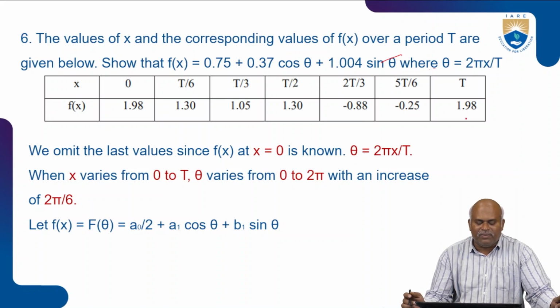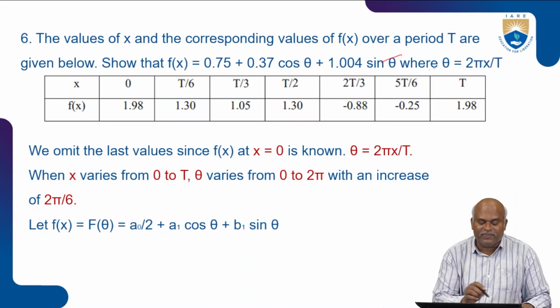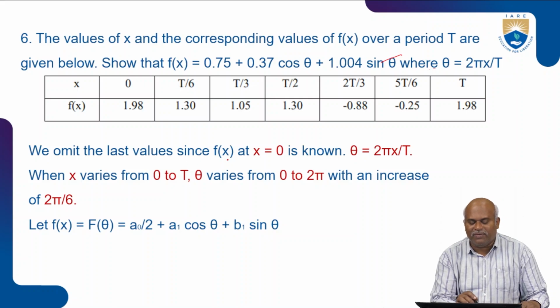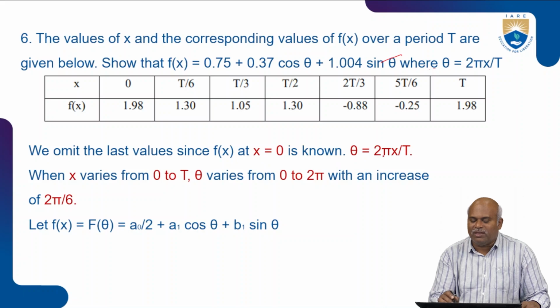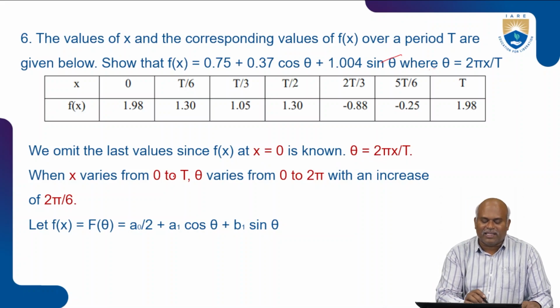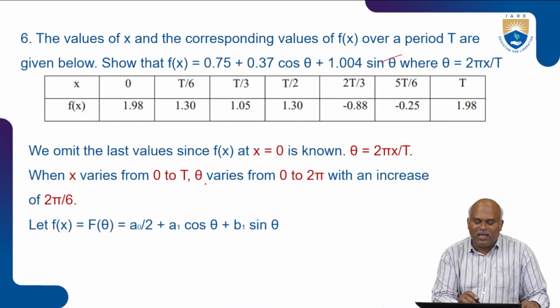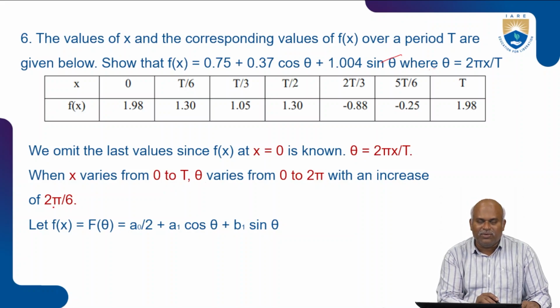So now we do the trigonometric Fourier series corresponding to f of x. We omit the last value of f of x at x equal to 0. Theta is equal to 2 pi x divided by T, where x values are 0 to T and theta values are 0 to 2 pi, with increments of 2 pi by 6.